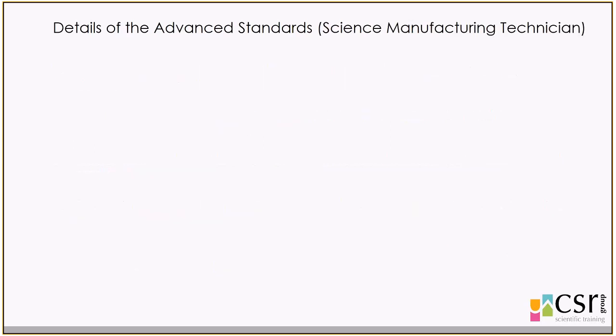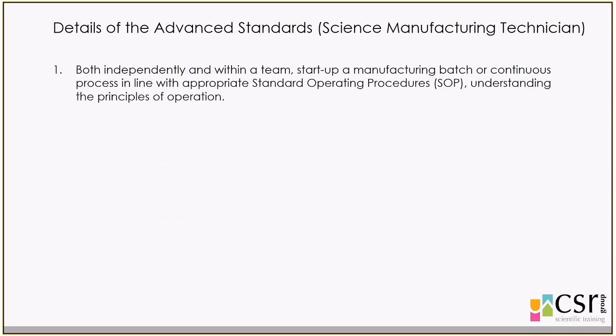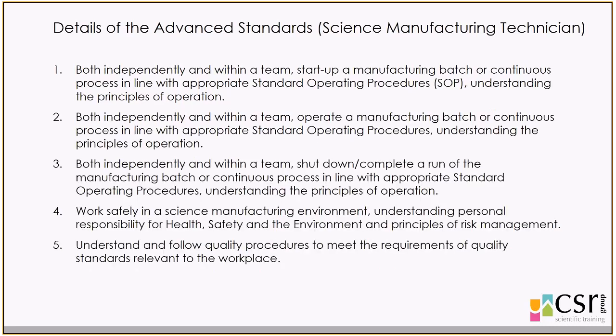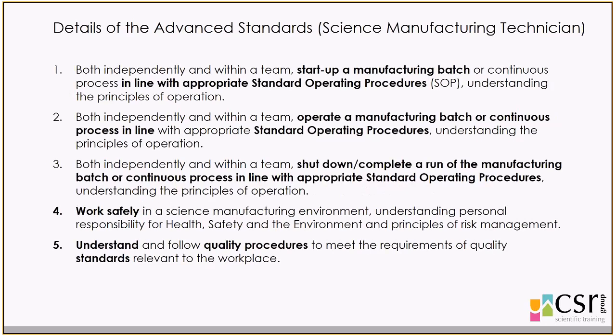In the science manufacturing technician standard, we've got slightly different types of competencies, as you would expect. So again, I've chosen 5 of these. And the core elements of these, the things that really stand out for me, are that the individual would need to be able to start up a manufacturing batch in line with appropriate SOPs.